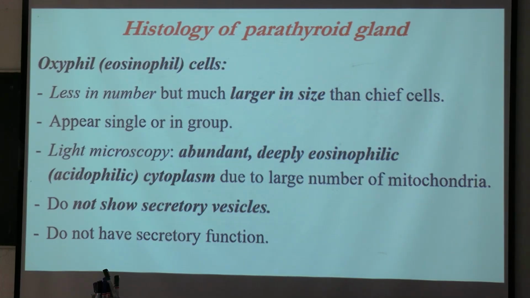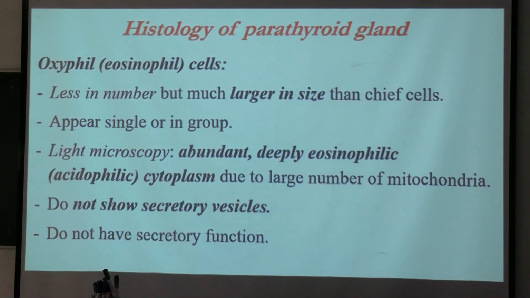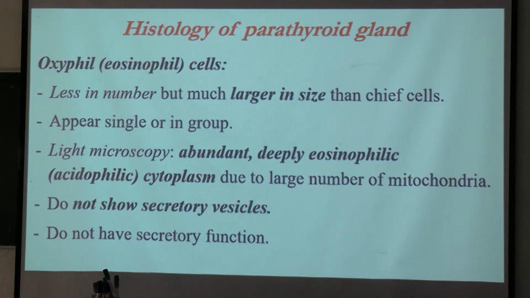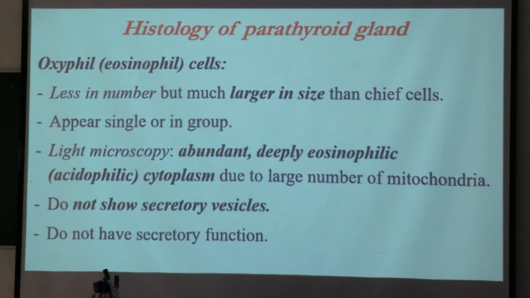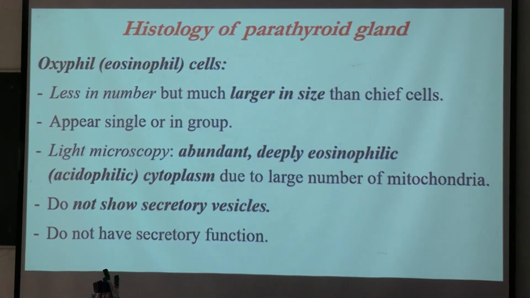Next, another type of cells is oxyphil or eosinophil cells. They are less in number but much larger in size than the chief cells. They appear single or in group, and light microscopy shows abundant deeply eosinophilic or acidophilic cytoplasm due to a large number of mitochondria, and they do not show any secretory vesicles and do not have secretory function.